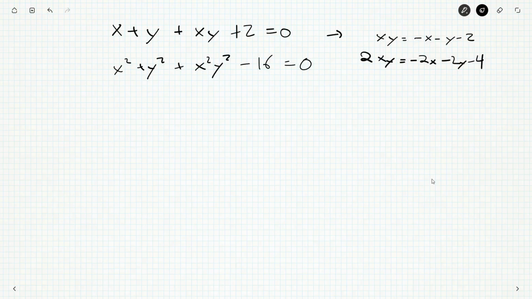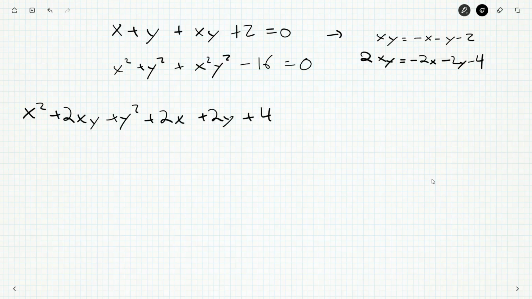And if I add this to this equation, I got x squared plus 2xy plus y squared plus 2x. I'm just bringing it all onto one side because I don't know exactly where I'm going to need it. Plus 4 plus x squared y squared minus 16 equals 0.